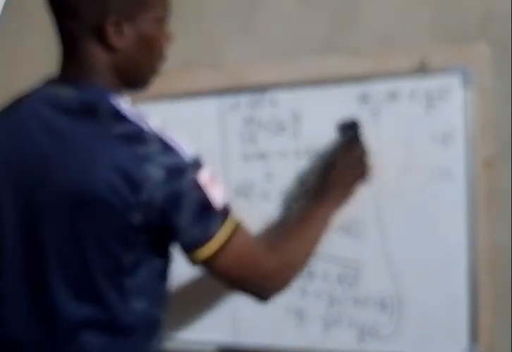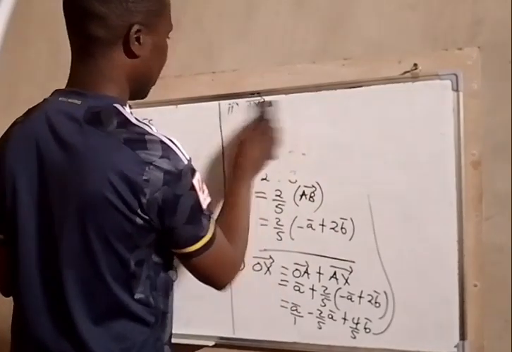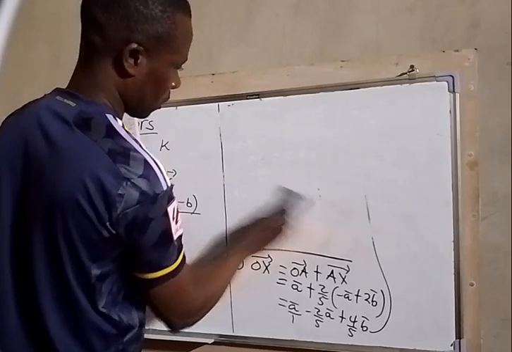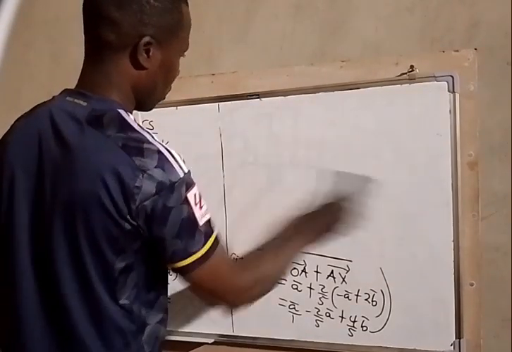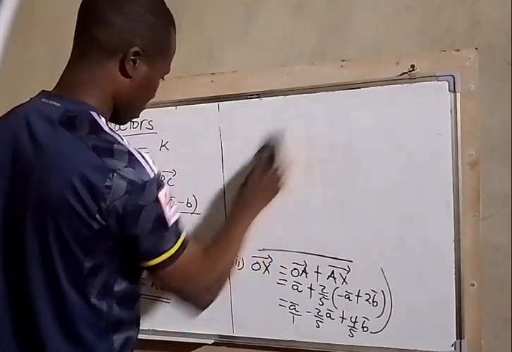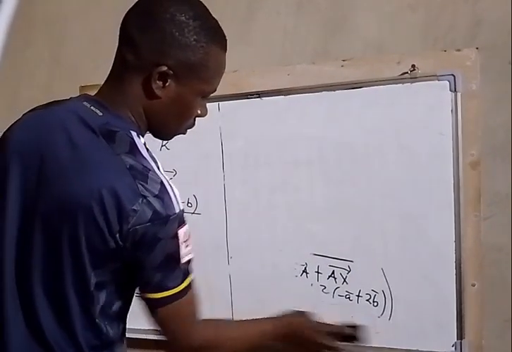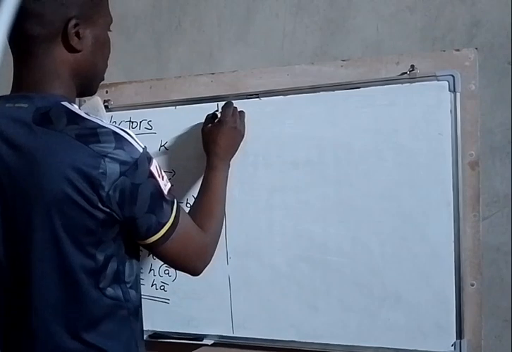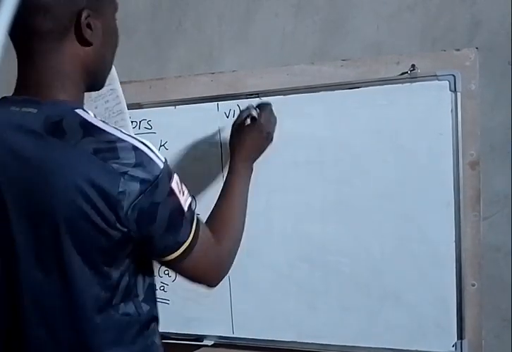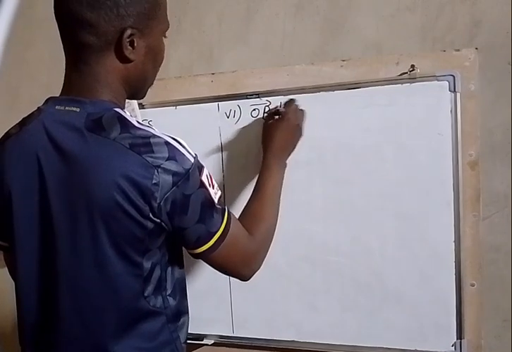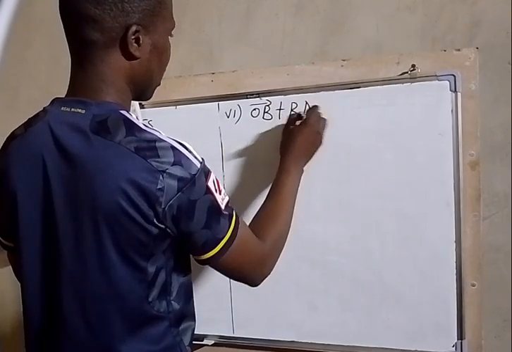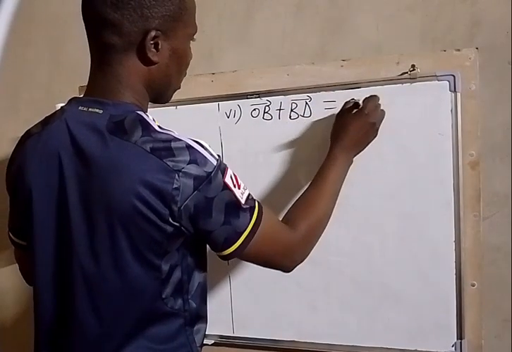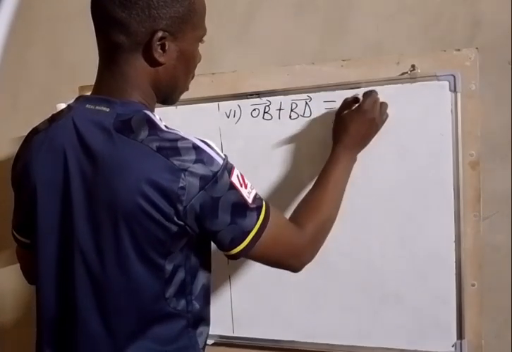So we are now equating, let me write here, vector OB plus vector BD is equal to vector OD.